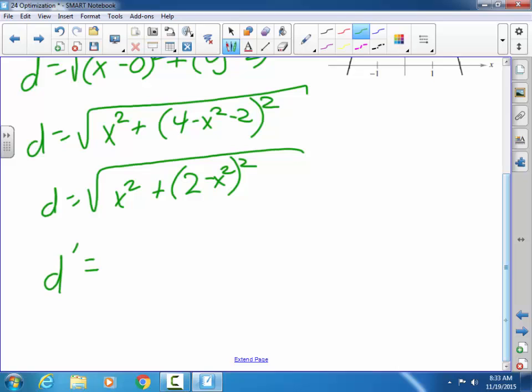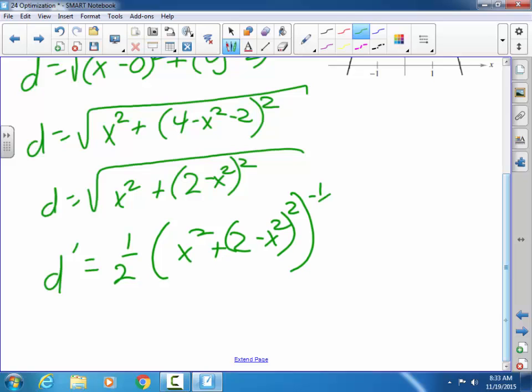Talk to me about taking the derivative of this. What do you have to do? Chain rule. So it's going to be 1/2 this mess to the negative 1/2.